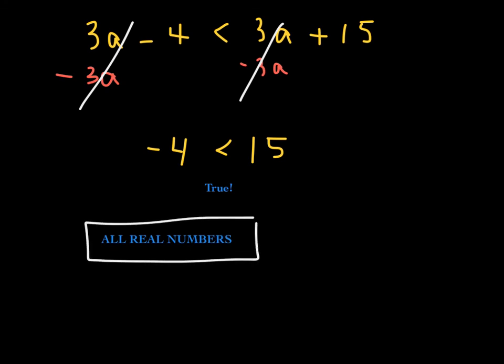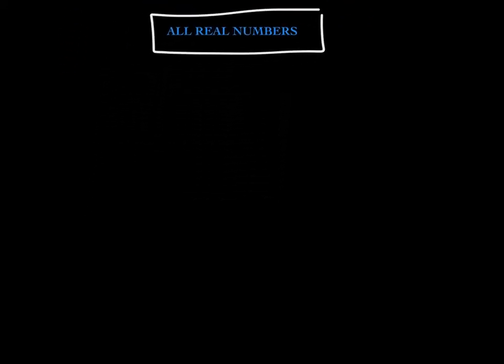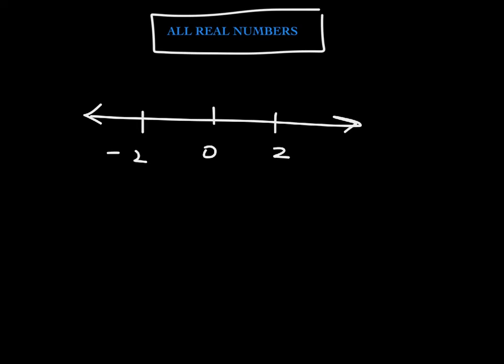Okay, now how do you graph all real numbers? Well, let me show you. Here's the solution set graphed, okay? So here's my number line. Maybe zero is right in the middle. I don't know how you want to do this. Just put a few numbers there.